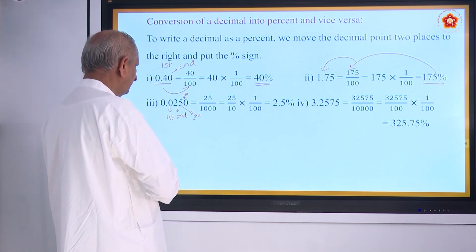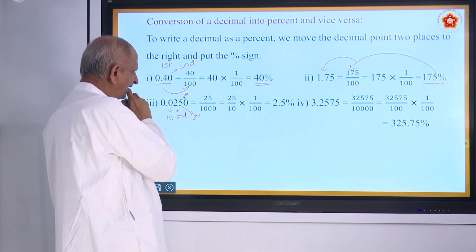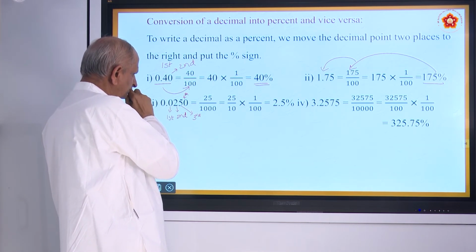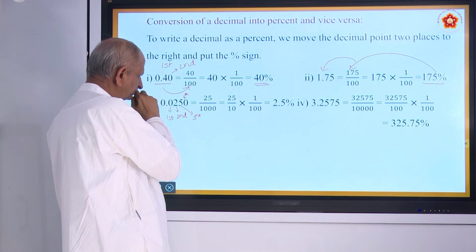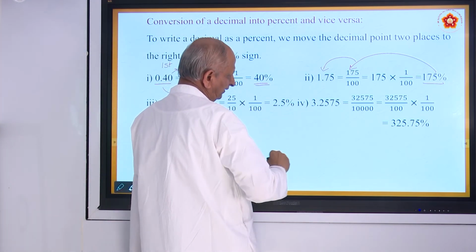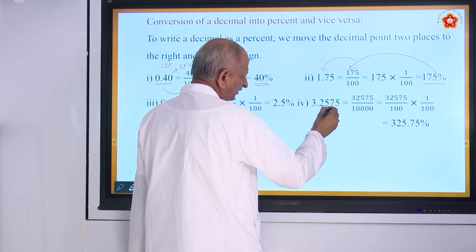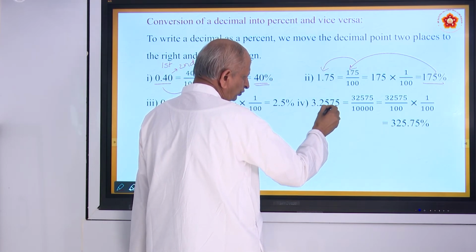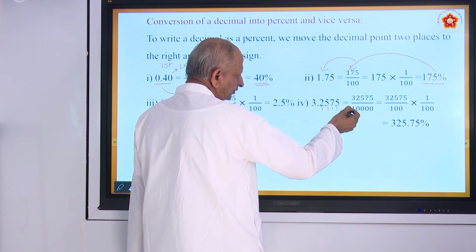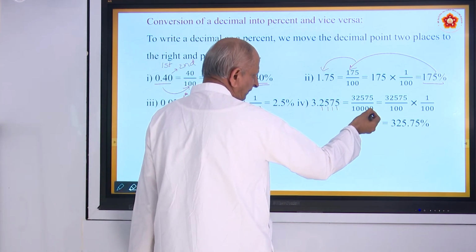Or you can do directly also. How to do directly? You have to multiply this by 100. And coming to 3.2575, how many places here? 1, 2, 3, 4. So 4 places. So 4 zeros in the denominator.